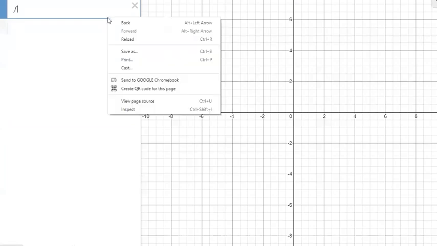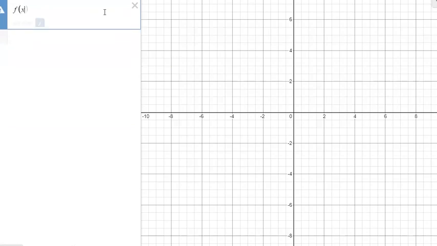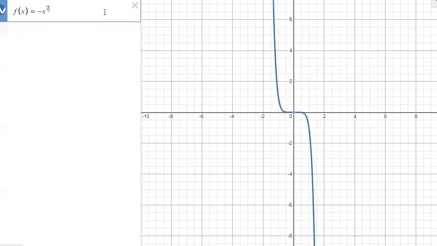So here in Desmos, I'm going to type in f of x is equal to negative x to the 7th power. And then I have to add 1x cubed plus 1.